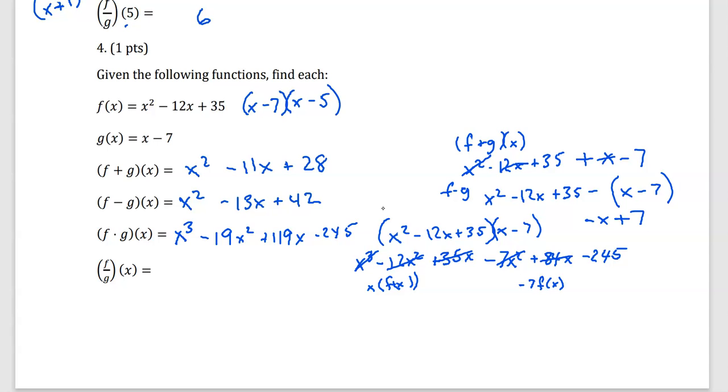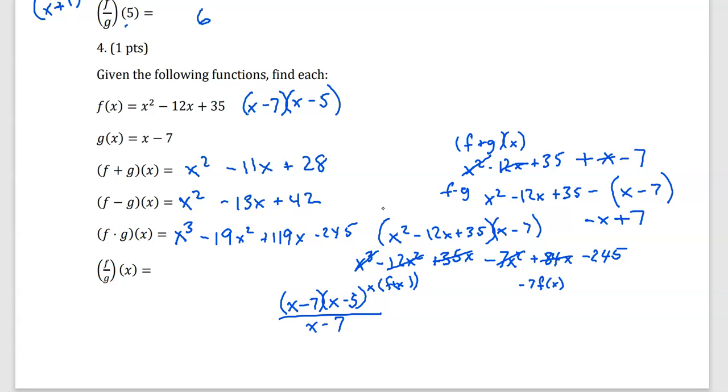Seven times 5 gives me plus 35, minus a 7 and minus a 5 gives me 12. Doing that then, and doing f divided by g, I'll just put the work over here: x minus 7 times x minus 5 divided by x minus 7.